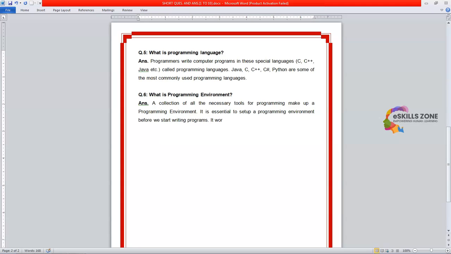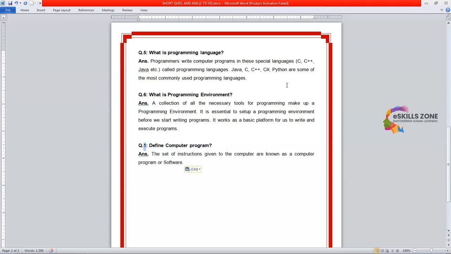It works as a basic platform for us to write and execute programs.